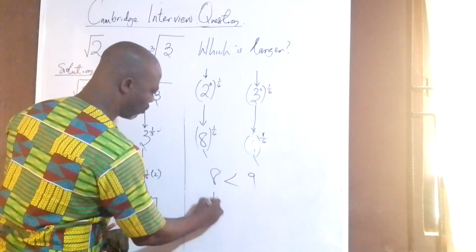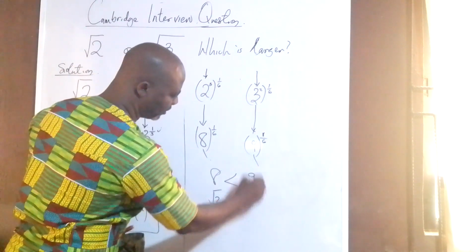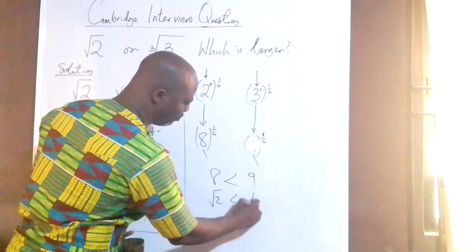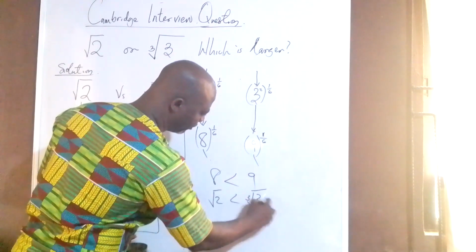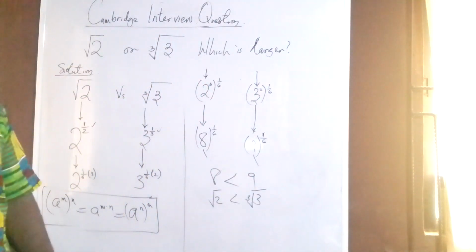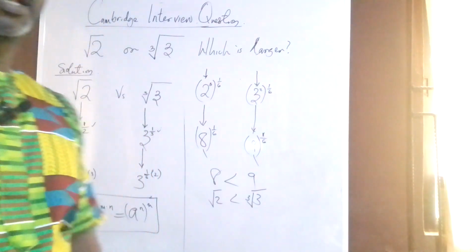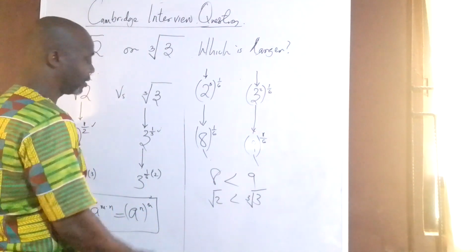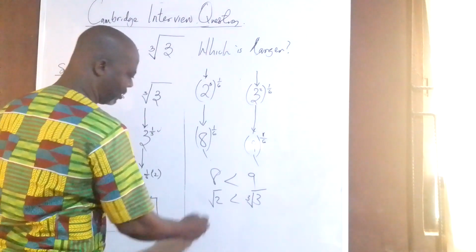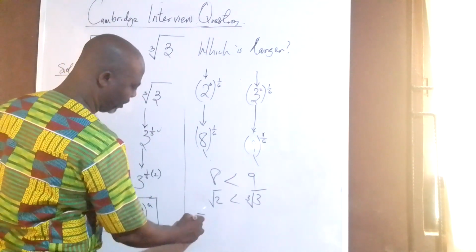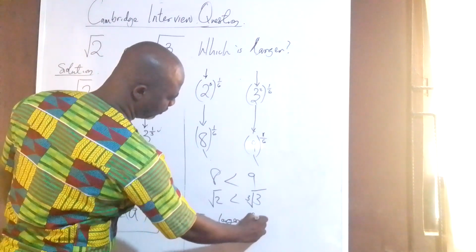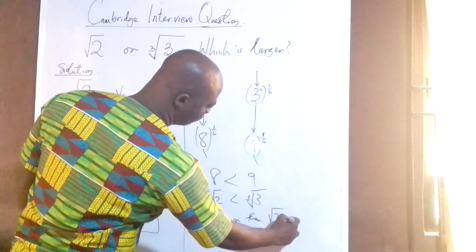Therefore, square root of 2 is less than cube root of 3. So between the two numbers, cube root of 3 is larger than square root of 2.